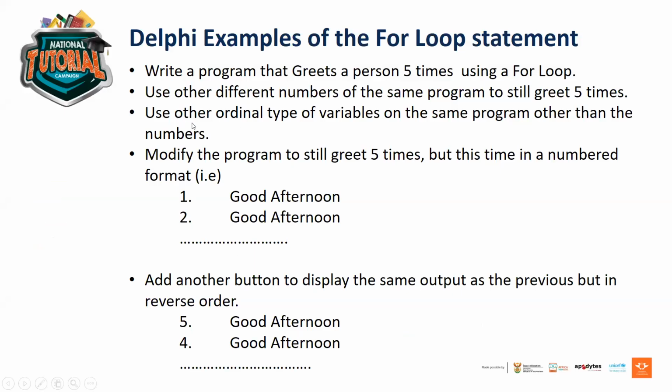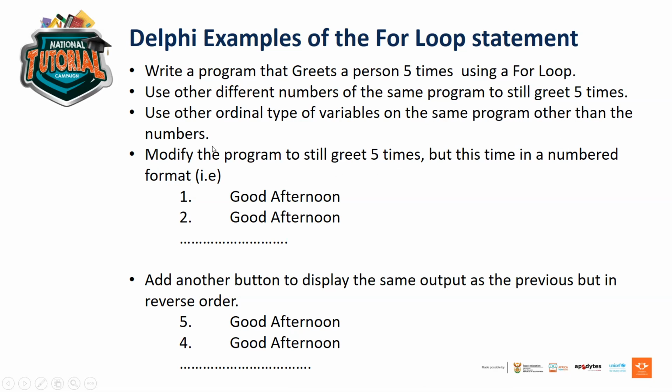Okay, it goes on, use other ordinal type of variables on the same program other than the numbers. We have been using numbers now. We used 1 to 5, we used 6 to 10. I've also used 0 up to 4.